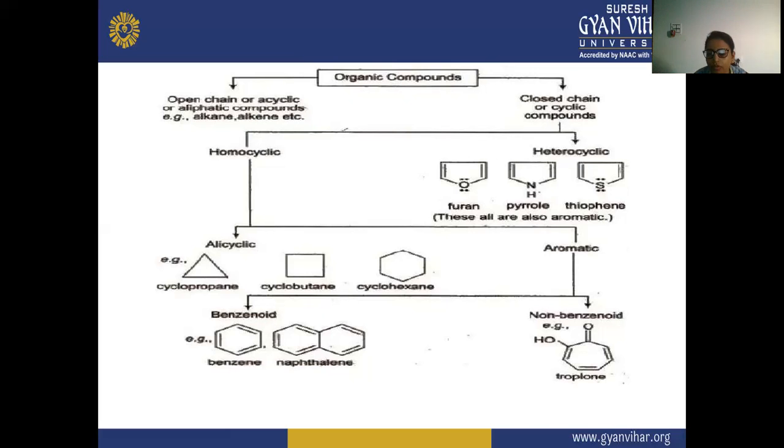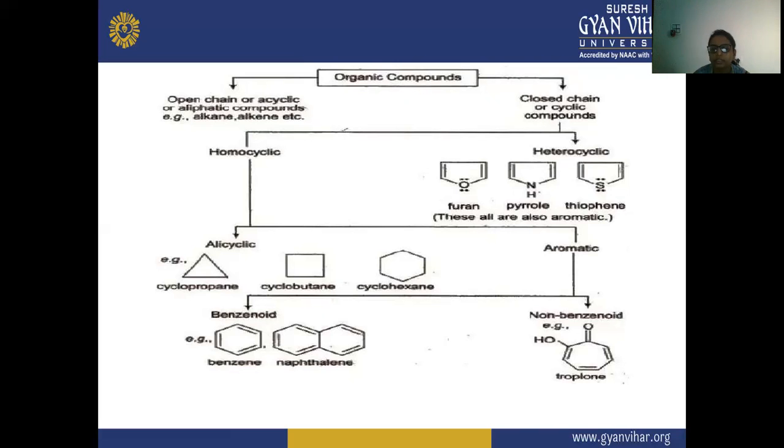Means, in the presence of carbon, other atoms also take part in the ring, like in furan. You can see here that furan has oxygen present in its structure, so it takes part in that ring, along with the carbon atoms. So this is a heterocyclic compound.